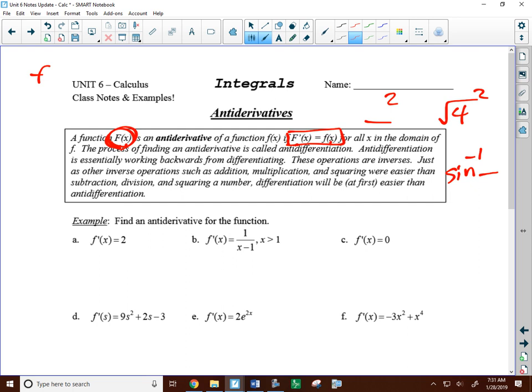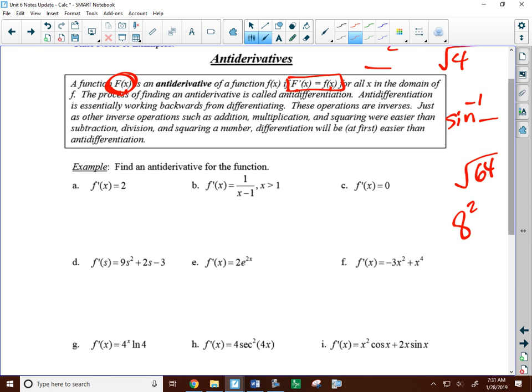Same with, I'd say even square root, because sometimes that might have been harder to think of at first than just squaring a number, right? 8 times 8. So this process at first might be a little bit harder, it just takes a little practice, but once you get used to it, it'll be just as natural as finding a derivative. And let me say this, there's actually many processes that will get antiderivatives. But at first, we just do some of the basic ones.